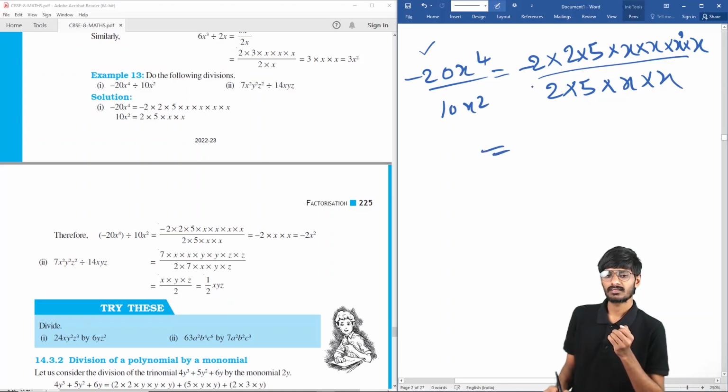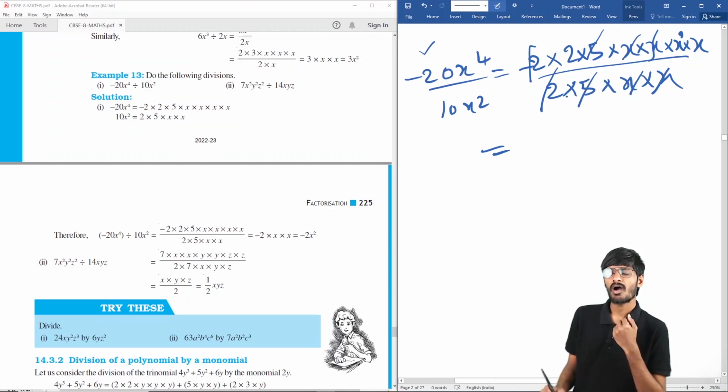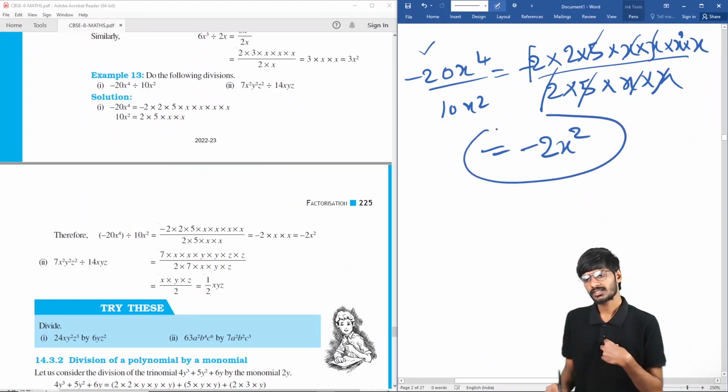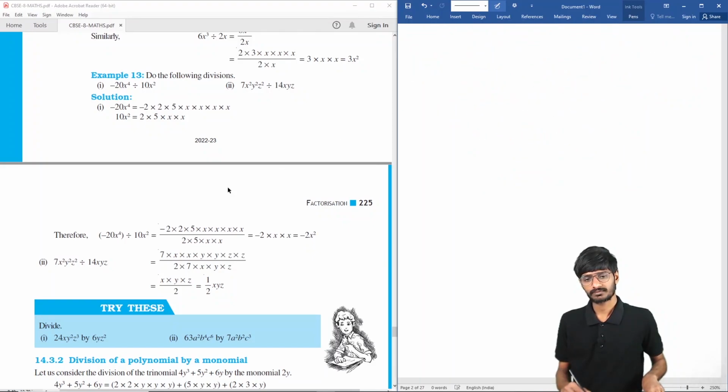So out of these you can cancel out this 2 and this 5, and these x's, the common things. So what we are left with is 2, and in the numerator there are two x's, that is x square, with the minus symbol, minus 2x square. Like that you can perform the division.